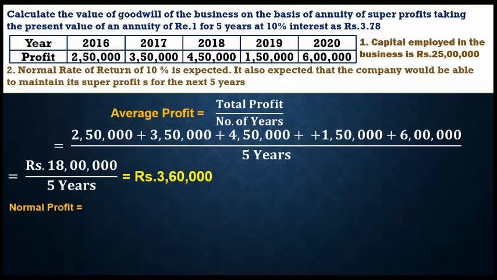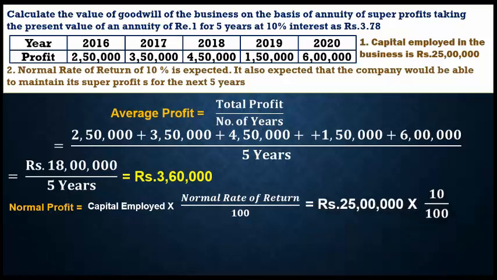Now, normal profit is equal to, what is the formula? Capital employed into normal rate of return divided by 100. The capital employed in the business is rupees 25 lakh, given in the problem.